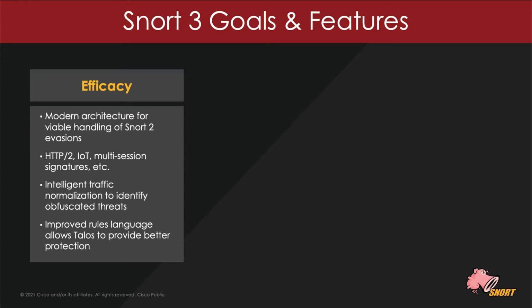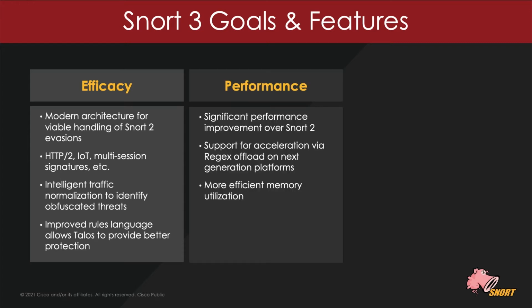So that's another goal. Performance: we wanted a significant performance improvement over Snort 2. We know that there are some things Snort 2 is not doing as efficiently as it could, so let's try to improve on that. One of those is acceleration. We want to be able to accelerate things like the searches. Regex, or regular expression searches, have historically been one of the worst performing keywords you can have in Snort, the PCRE keyword.